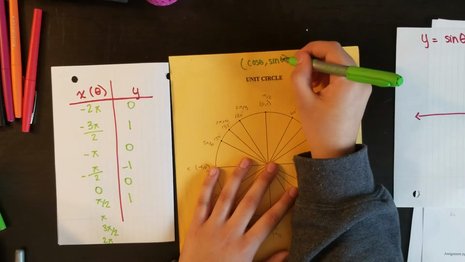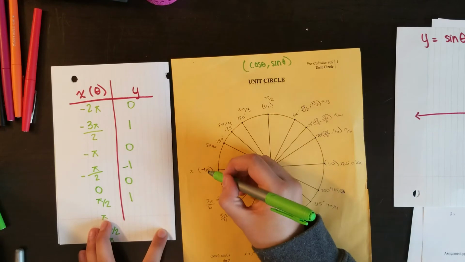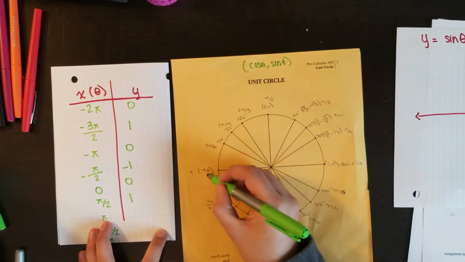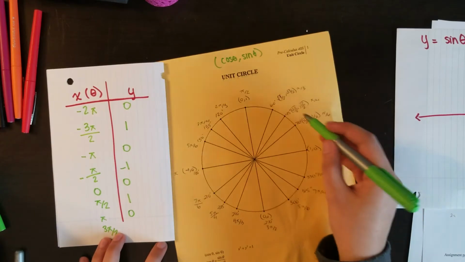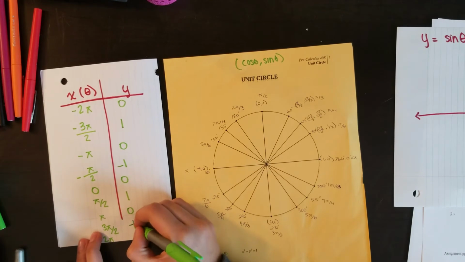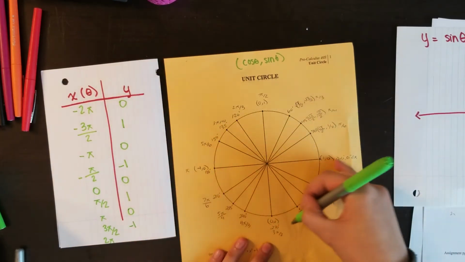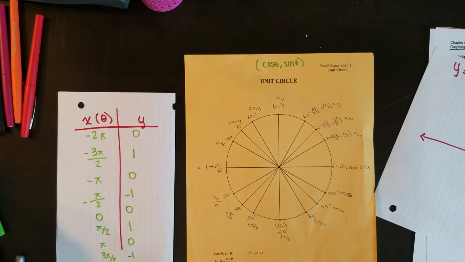So whatever that second number is, that's your sine value. So at pi, I'm at -1 and 0, so my sine value is 0. At 3 pi over 2, I'm at 0 and -1, so my sine value is -1. And then at 2 pi, I'm at 1 and 0, and that's going to be 0.